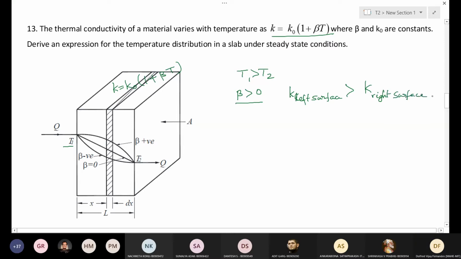But if beta is less than 0, for example metals, copper, aluminum, and all, what you see is beta less than 0. In that case, what do you expect? K on the left surface is less than K on the right side.